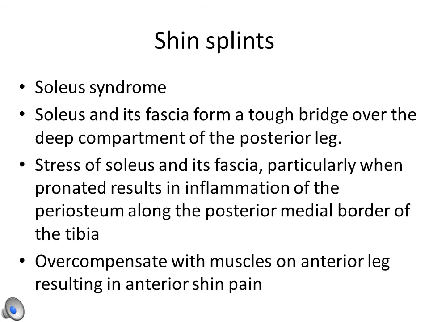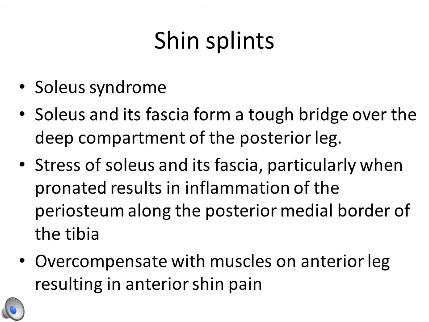The soleus and its fascia form a tough bridge over the deep compartment of the posterior leg. The soleus also, one of its main functions, is to help to prevent excessive pronation of the foot.